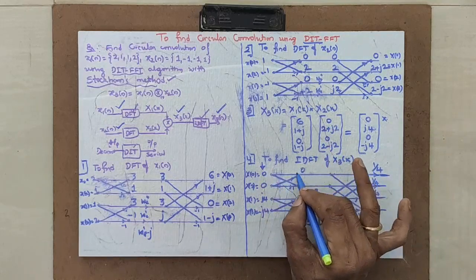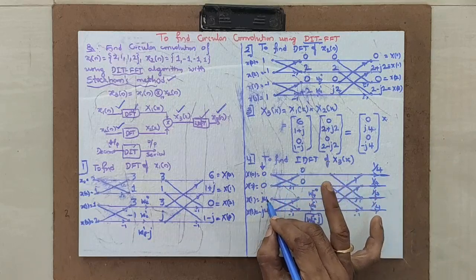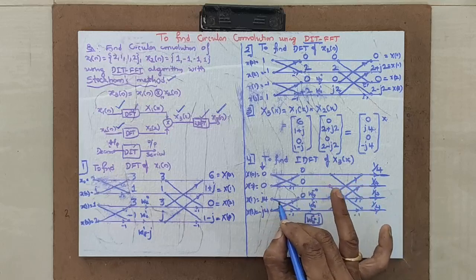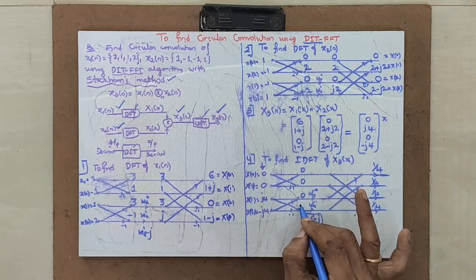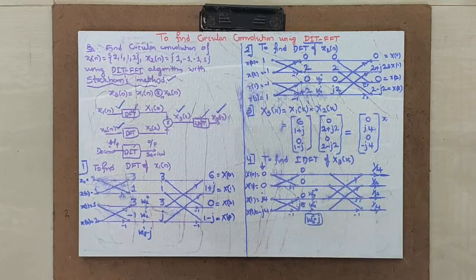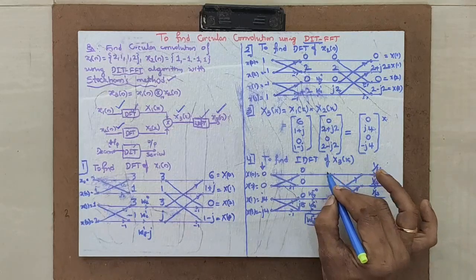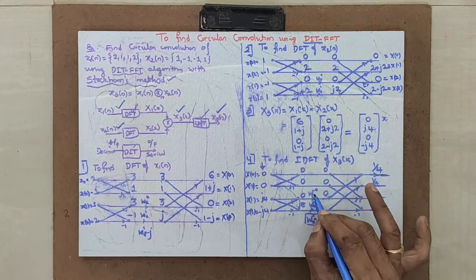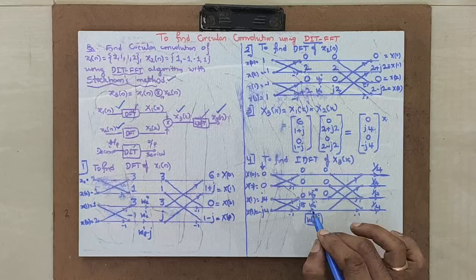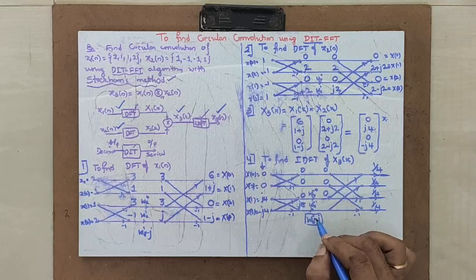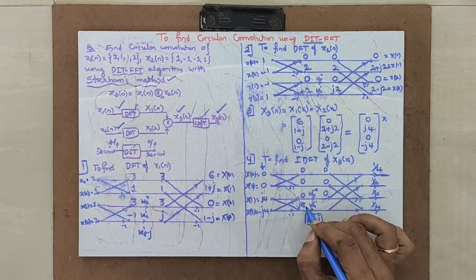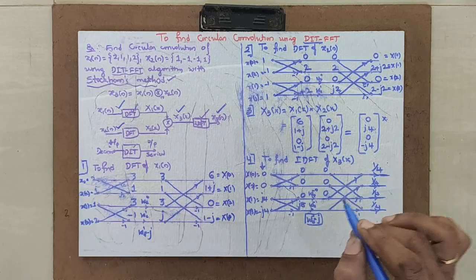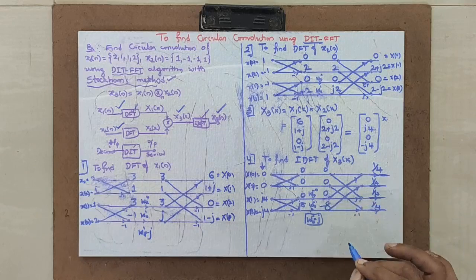0 plus 0, 0. 0 minus 0, 0. j4 minus j4, summed, 0. j4 minus j4, j8. Okay, j8. Then 0, 0, 0, transferred here further. Here multiplied by 1, transferred further. j8 multiplied by j8, sorry, j. It is j square 8. Many students go wrong in j square. j square is minus 1. Hence it is minus 8.